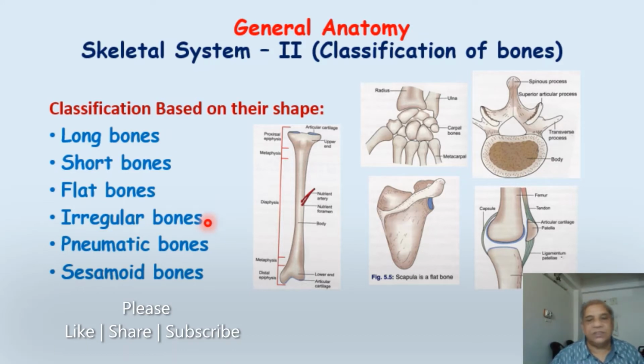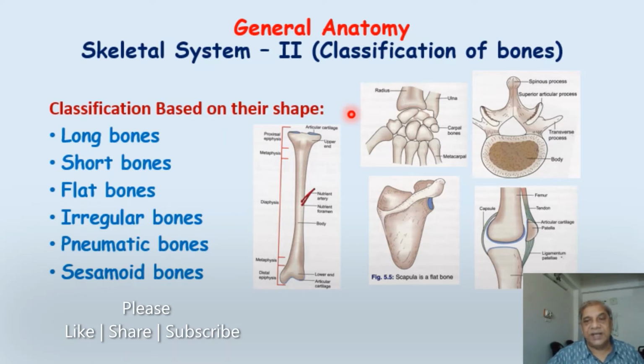And then comes the pneumatic bones, and pneumatic bones are seen in the skull, where there is the presence of air inside the bone. Say, for example, all those bones which form the paranasal air sinuses. This is the frontal bone, and there is an air cavity inside the frontal bone.